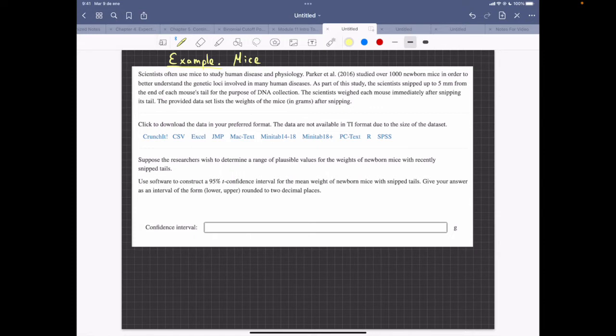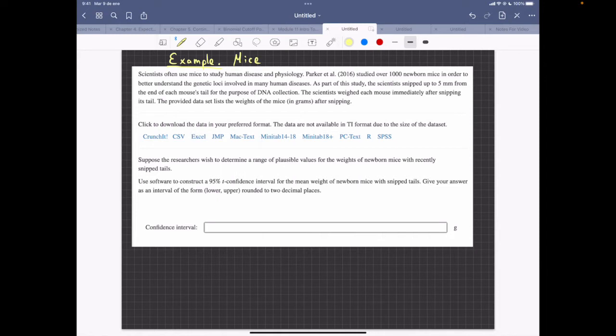As part of this study, the scientists snipped up to 5 millimeters from the end of each mouse tail for the purpose of DNA collection. The scientists weighed each mouse immediately after snipping its tail. The provided data set lists the weights of the mice after snipping.